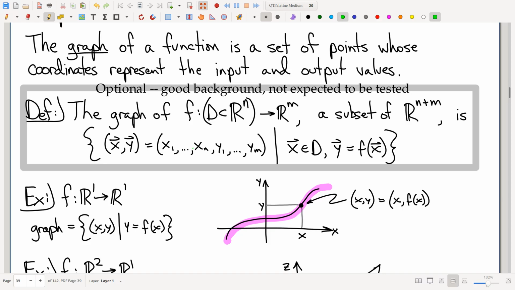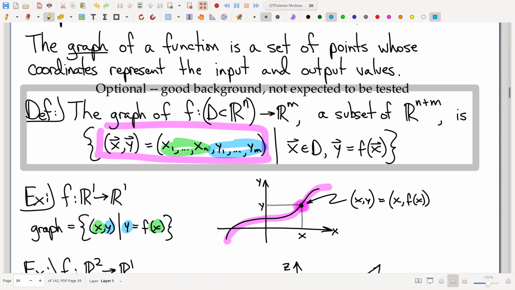But the big idea is that a point on the graph has coordinates, the first of which are whatever the input to the function is. And the next of which are whatever the output is, or whatever the outputs are, however many of those there may happen to be.